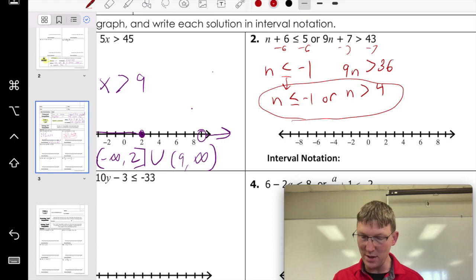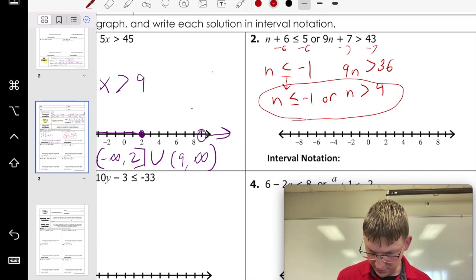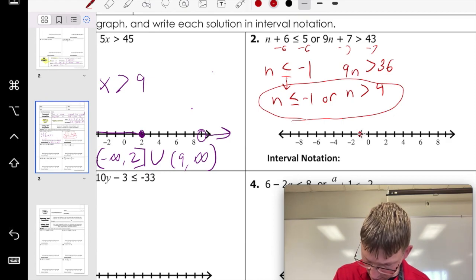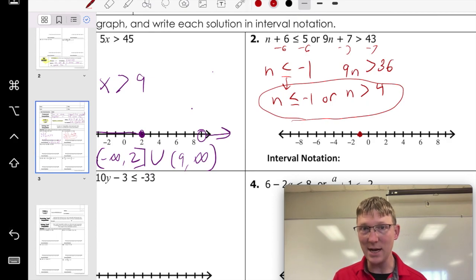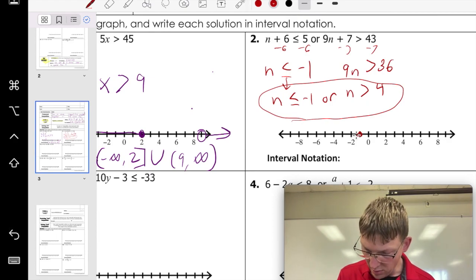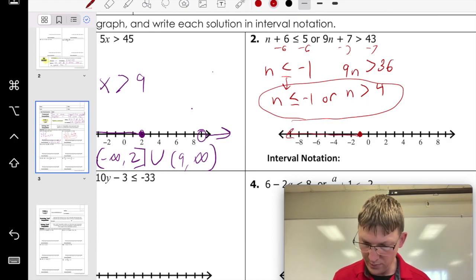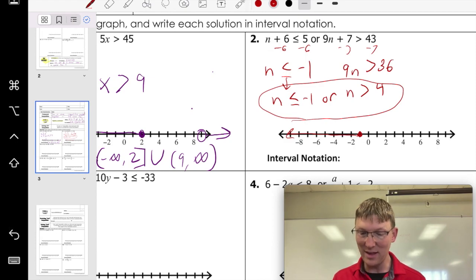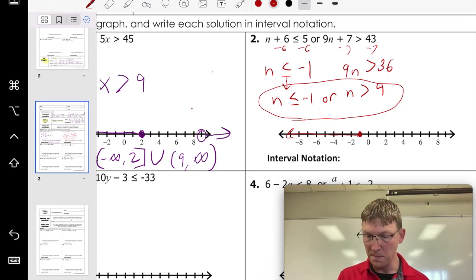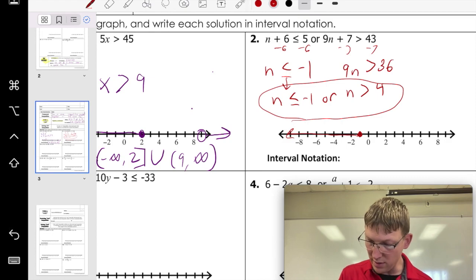We got to graph it, but that's our start. So if we graph that first part, n less than or equal to -1, find -1. It's a solid dot because it's an equal. So n is lower than -1, or n is greater than 4.